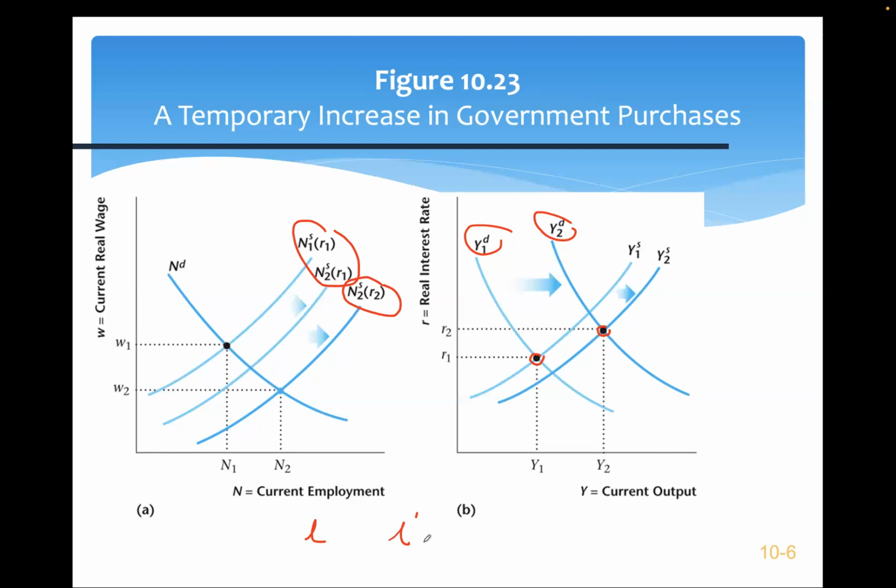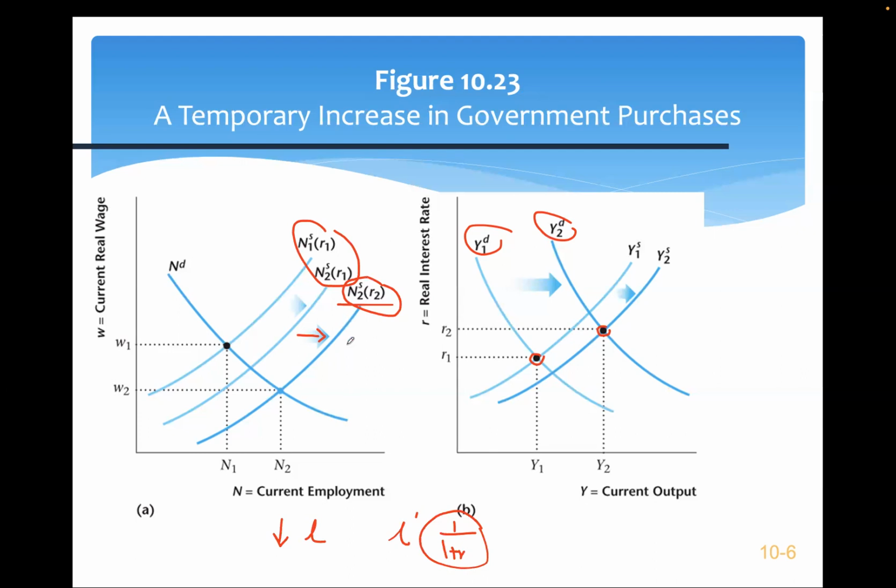The price of future leisure is 1/(1+R), the relative price, times W. So when the interest rate increases, future leisure becomes cheaper, and the consumer is going to reduce today's leisure, meaning they are going to increase labor supply. Hence the labor supply moves further to the right-hand side. This is the impact on labor supply.